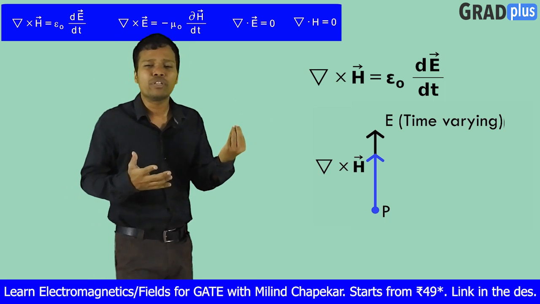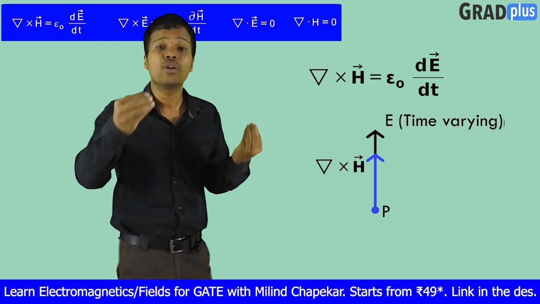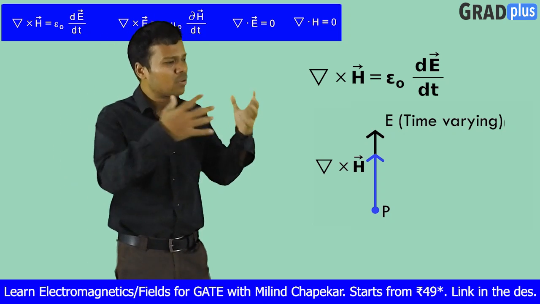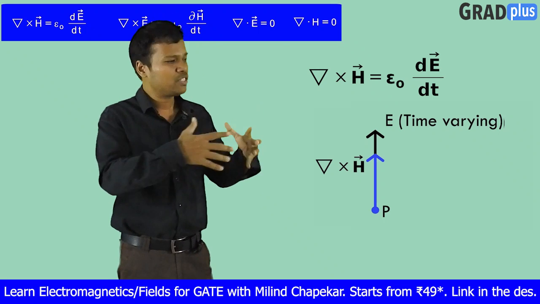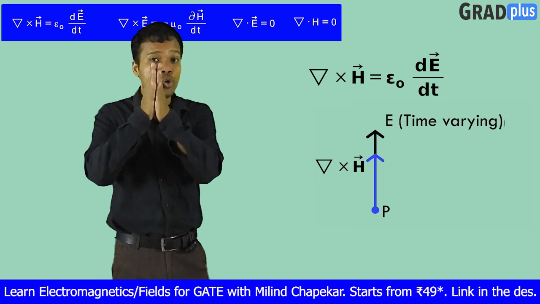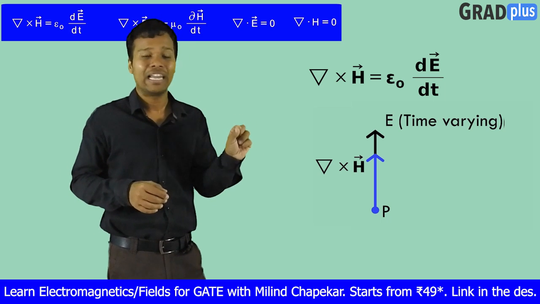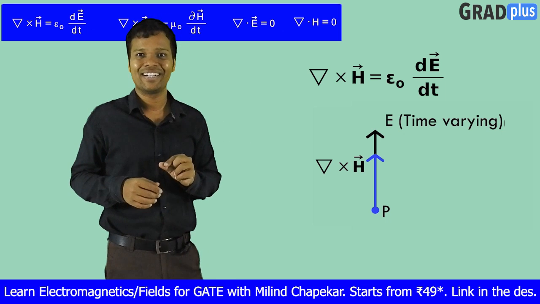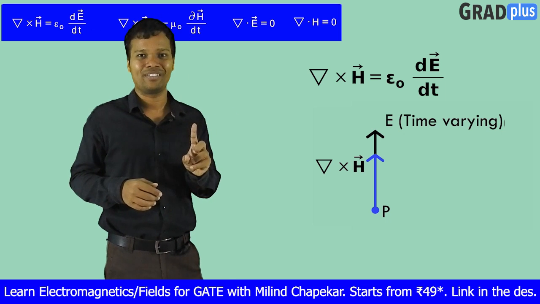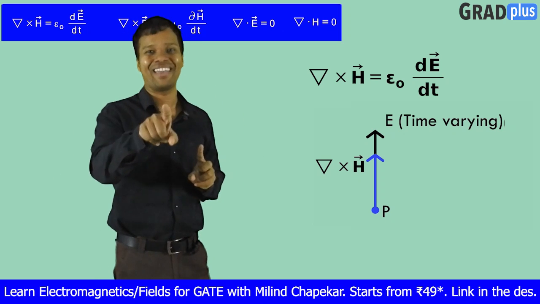Our Maxwell's equation is saying that del cross H equal to epsilon 0 times del E by del T. So magnitudes of E and H will be related by this relation. But direction wise, you can conclude that if at this point P electric field is present like this, then in the same direction curl of H would also lie.